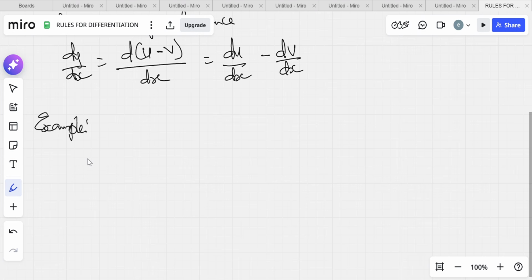Find the differential coefficient of the following function.